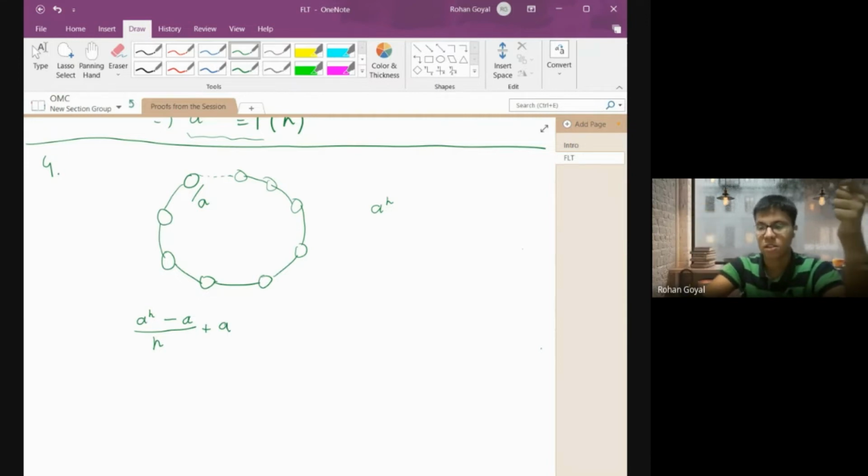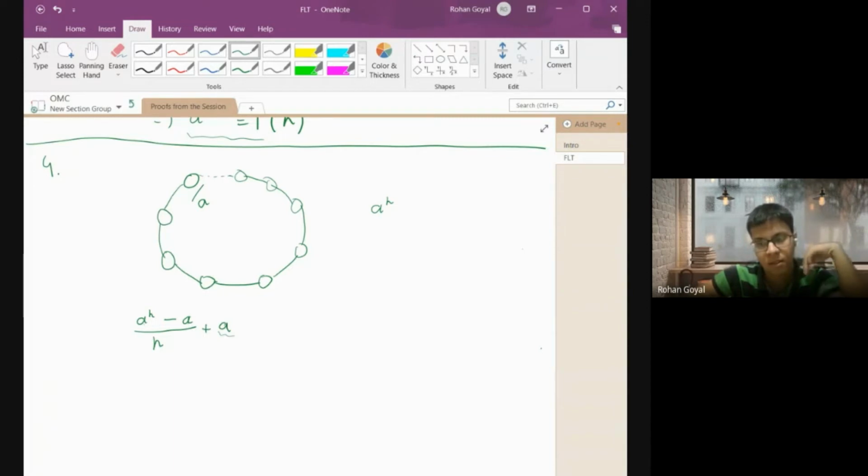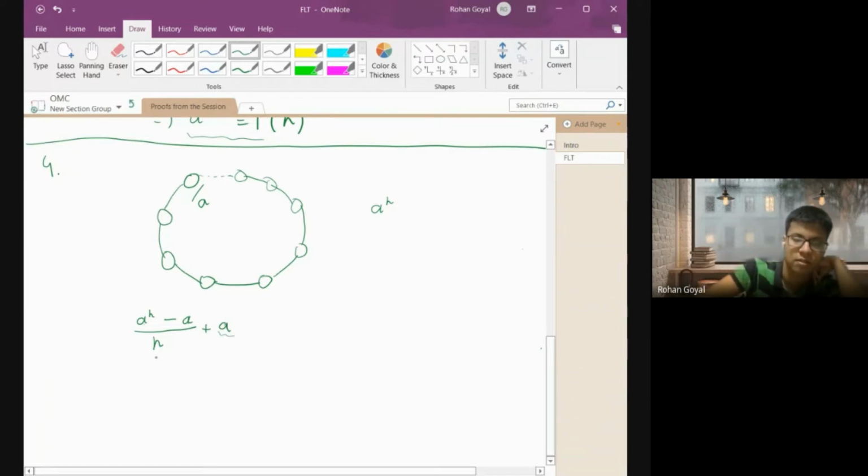If I'm getting the same necklace on rotating, I should be wary of this case. So how many necklaces are there in which you rotate and nothing changes? Exactly a, because everything has to have the same color. So the number of resulting necklaces is a to the p minus a upon p, plus a, the a that we had left out initially. You can ignore these, consider the remaining necklaces, divide by p, and add those back. So this means that this is an integer.